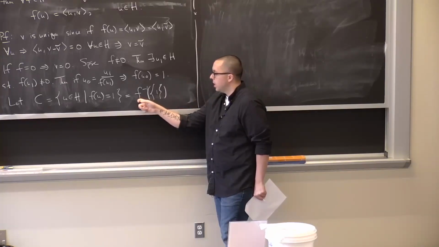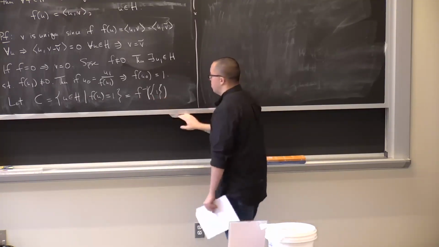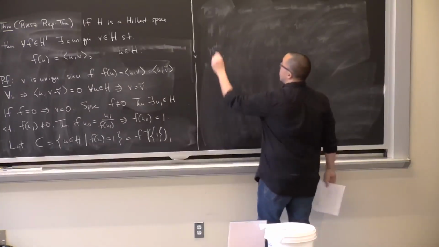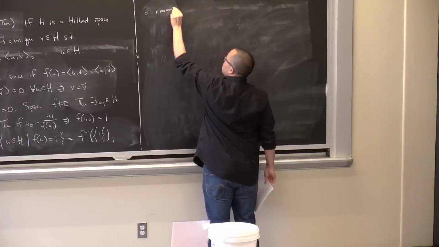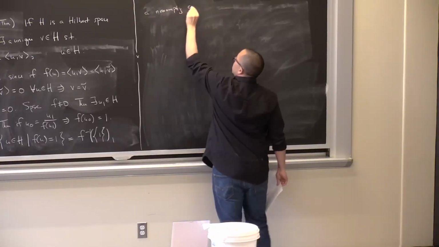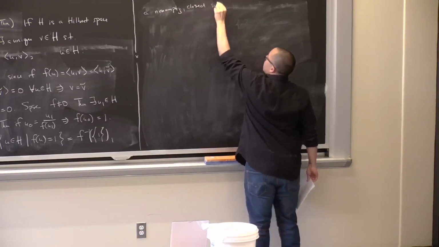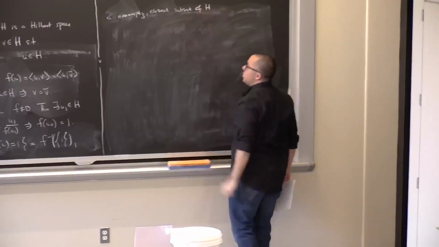So the inverse image by a continuous function of a closed set is closed, so this is also closed. So C is a non-empty closed subset of H. Okay, you can see where this is going.